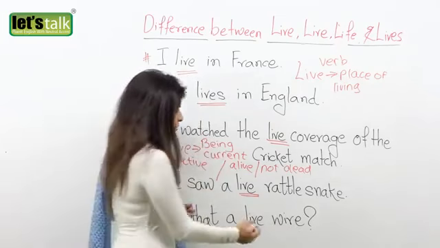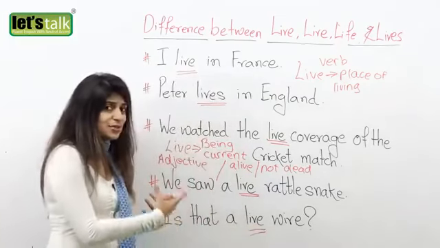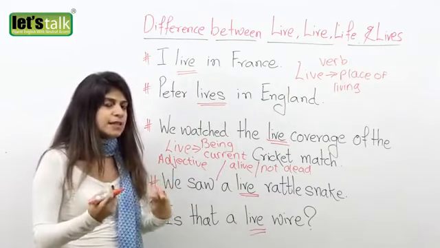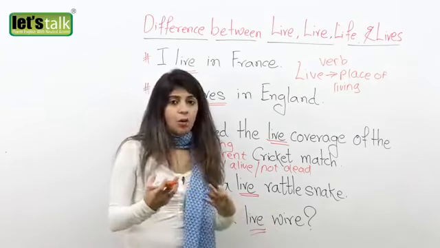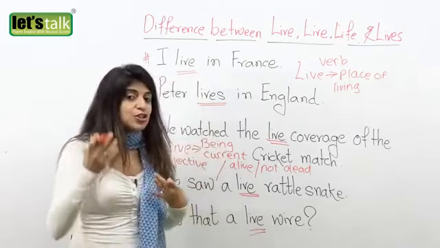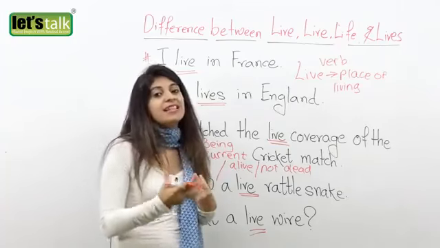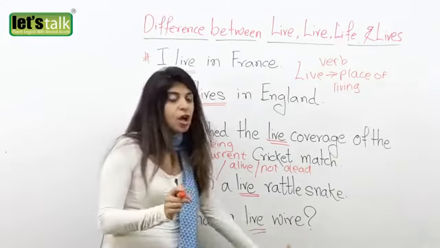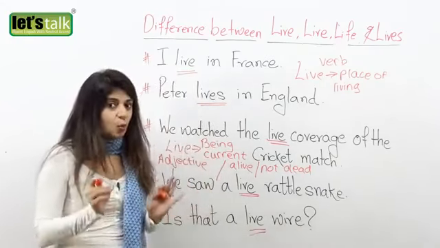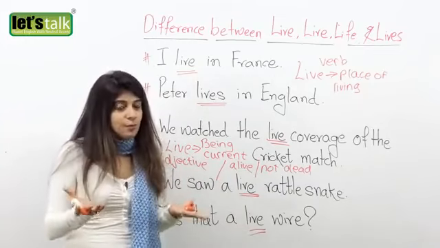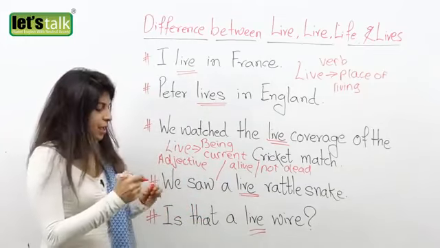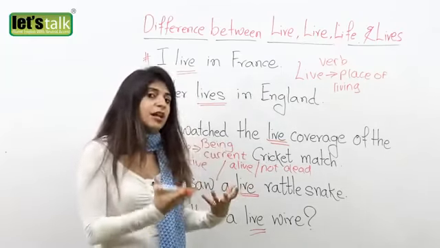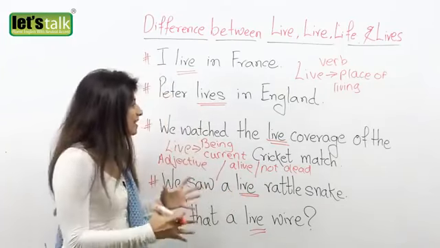Why have I used this word live here? Because many times we do come across these wires which pass electric currents. So we call these kinds of wires live wires. So remember the pronunciation, we do not say live wire, we say live wires, okay? Which, if you touch it, you might get a shock. So be careful, okay? It means that it passes electric current, okay? So hope this is clear to you.